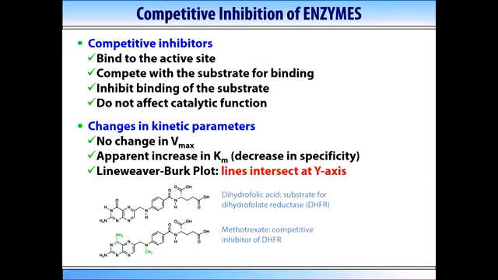Some examples of this type of inhibitors. For example, this molecule is an inhibitor, and this is a normal molecule. It's called dihydrofolic acid. This is the substrate for the enzyme called dihydrofolate reductase. What this enzyme does is it is important for transfers of single carbon elements in bacteria.